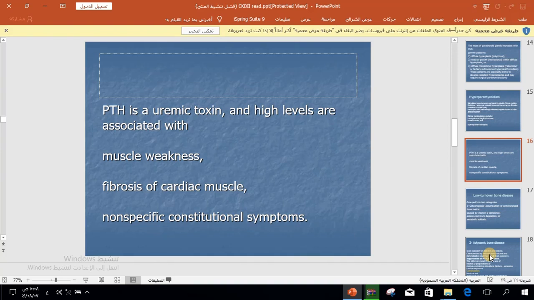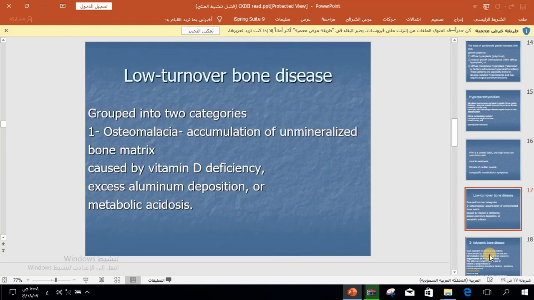So we start seeing severe hyperparathyroidism. We call this tertiary hyperparathyroidism. For such instances, we need only surgical removal of the gland to manage such condition.